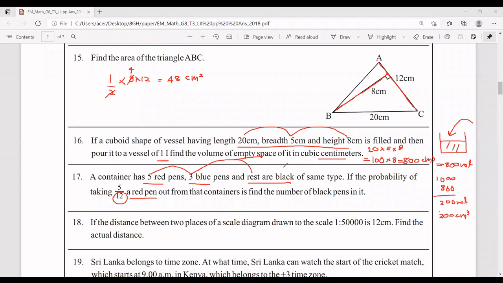Then there should be 4 black pens, because 5 plus 3 is 8, and 8 plus 4 is 12. Can you understand? So you have to write the number of black pens here. Then what is the answer? How many black pens? 4 black pens are there. Okay.